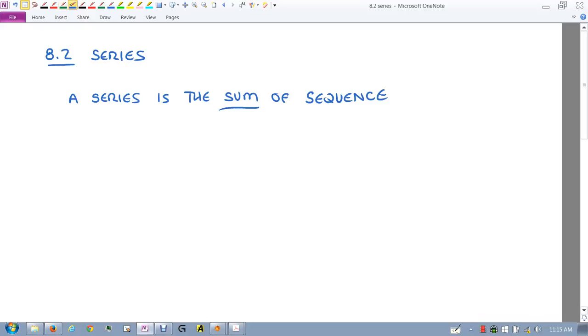So here's an example. Let's say we're given the sequence a sub n is equal to this sequence: 1/2, 1/3, 1/4. We would call that a finite sequence, right? Capital S, which will represent the sum of that sequence, is going to be 1/2 plus 1/3 plus 1/4.